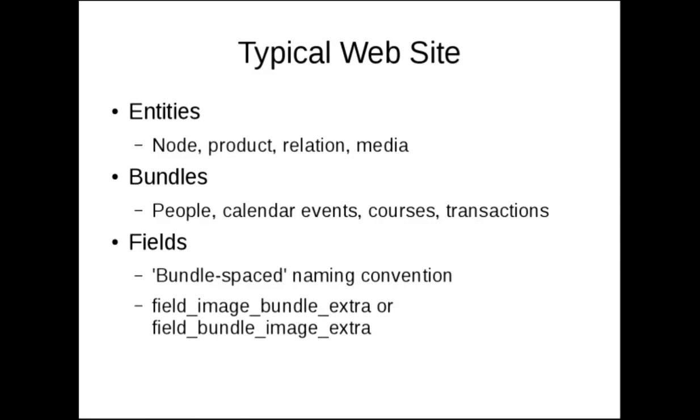I put image this bundle, image that bundle, and I end up with this mishmash of interesting looking names, and different people over different times change their naming convention. For those of us who like consistency, it kind of annoys you a little bit, because sometimes they abbreviate the bundle if it's two words. So you get this interesting set of field names. Does everybody agree with that, or do some people not have that problem?